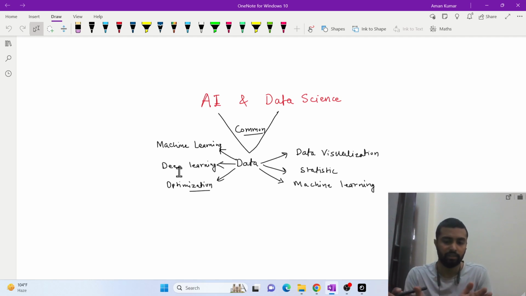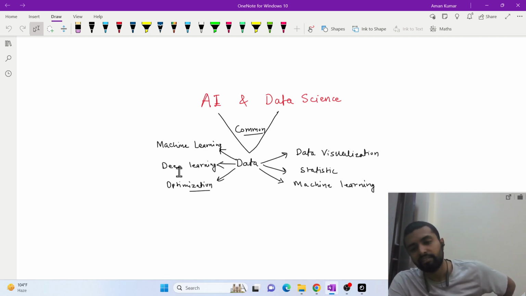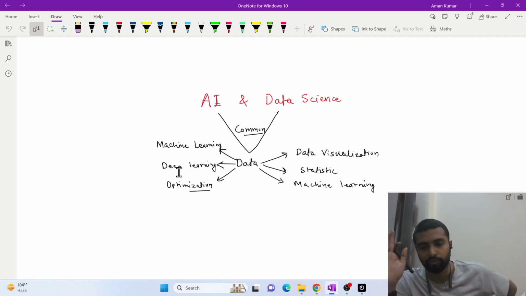Almost all are related to each other. That's why sometimes you refer to data science as equivalent to AI, or AI as equivalent to data science. But to be honest, AI and data science are a totally different game. Right now it is similar, but in future it will change.